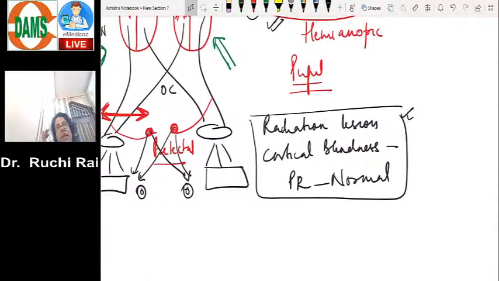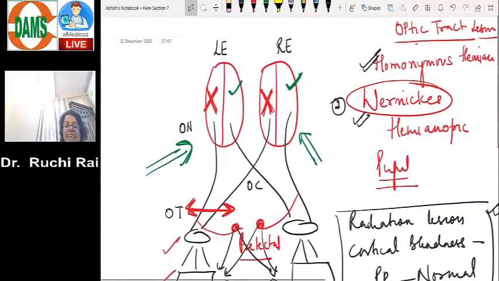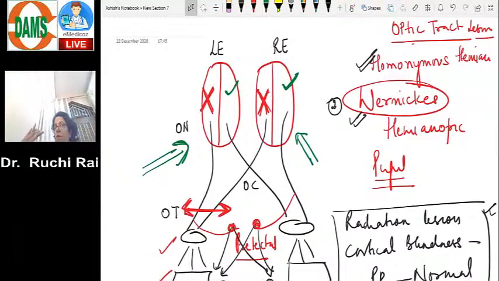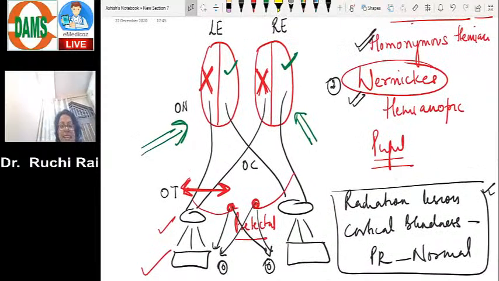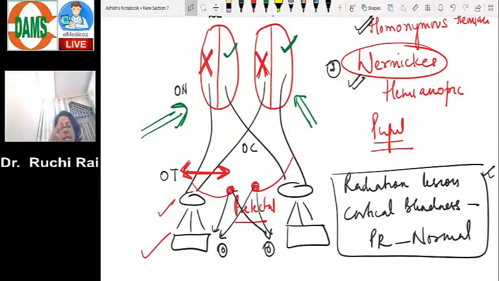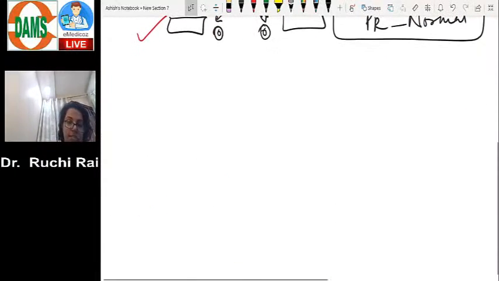When you are looking at the disc, what do you see? Now think yourself. These are three terms you will remember for this lesion. One was this, second was Wernicke hemianopic pupil. Now the third term I am coming to. Listen, you know that in a left-sided lesion, the left eye's temporal field is gone. And what about the right eye? Nasal is gone. Let's note down what we just said.